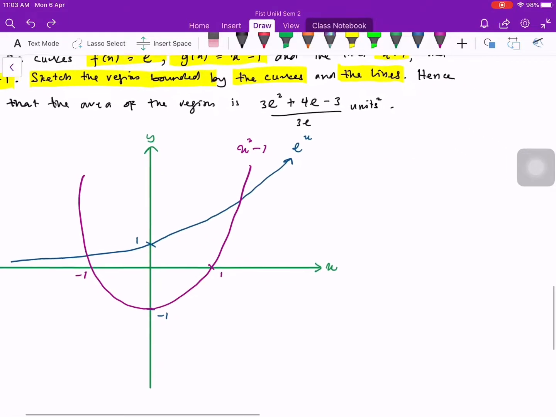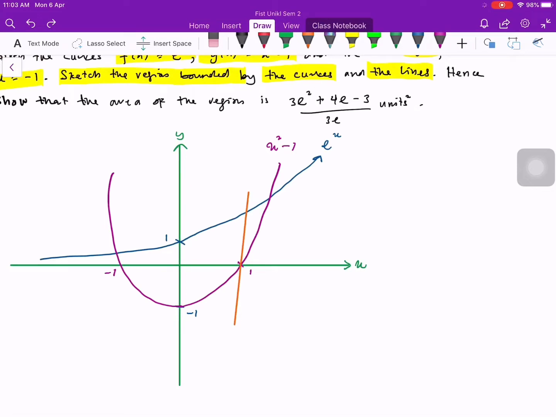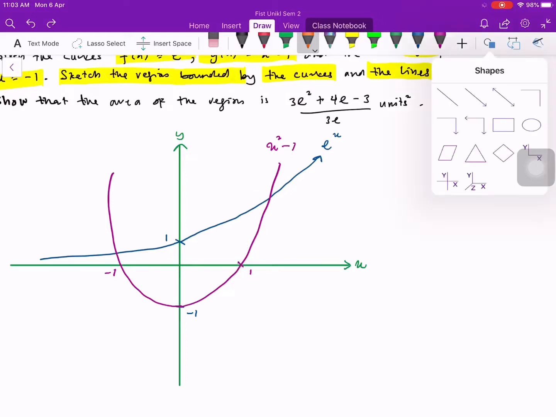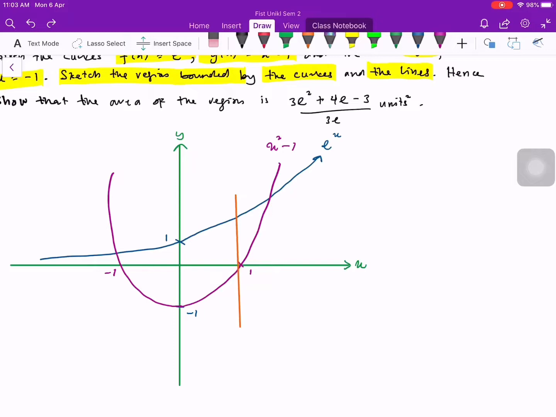This is x equals 1, and another one, x equals minus 1.